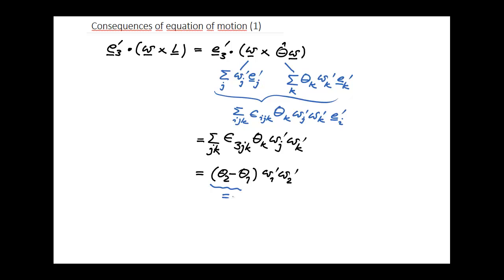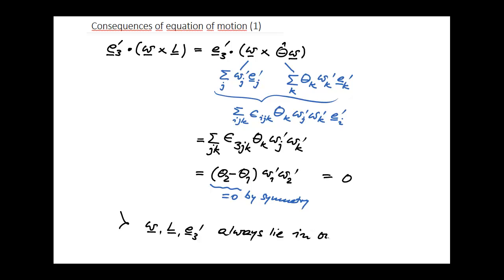This is equal to 0 by symmetry, and hence, this is equal to 0. The triple scalar product of these three vectors is 0. And this implies that omega, L, and E3 prime indeed always lie in one plane.